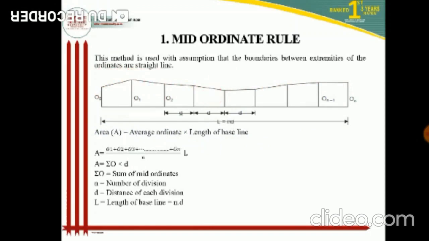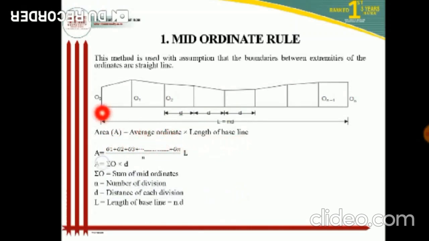If this happens, only then is this formula used for the calculation of the area of land. Then area is equal to average ordinate multiplied by the length of baseline.